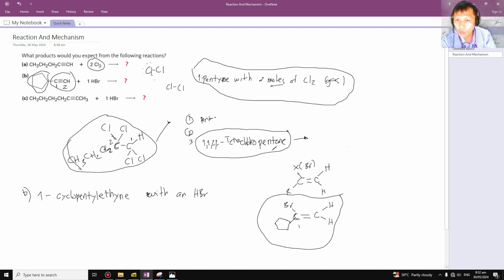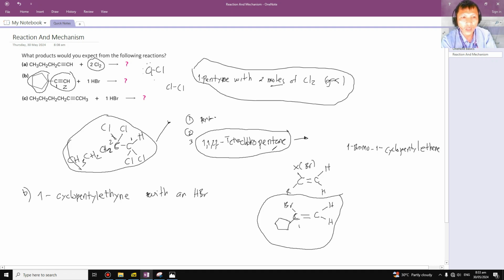So finally the name would be 1-bromo-1-cyclopentylethene. So it would now be an alkene, a double bond. Okay, so that would be the final answer.